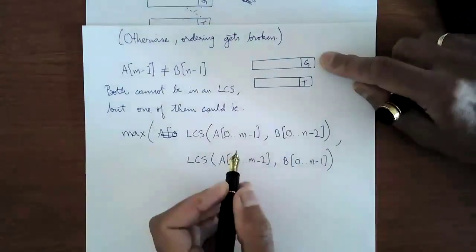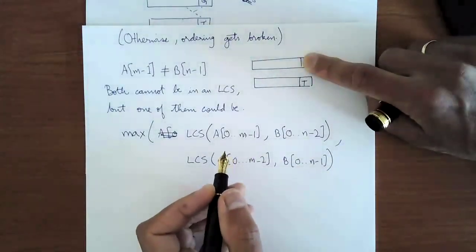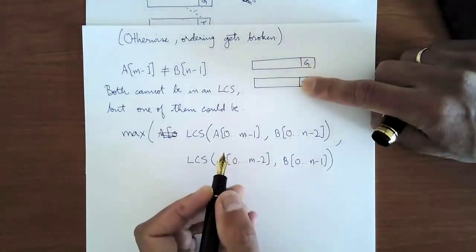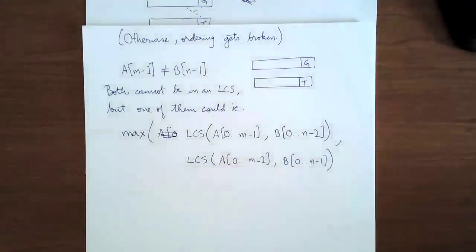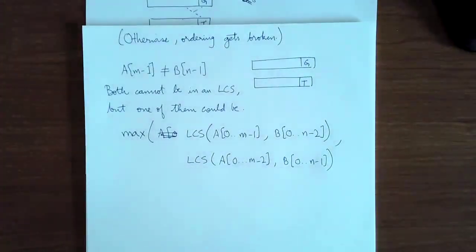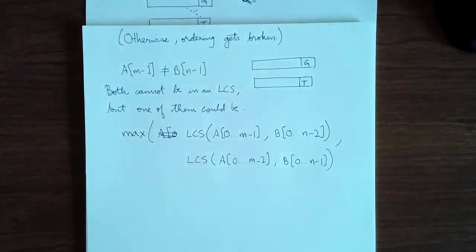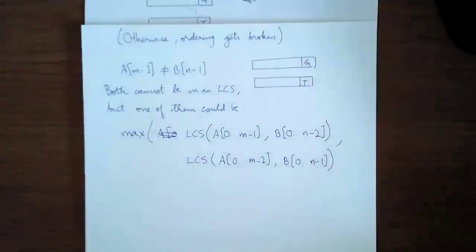So you can either drop this character or you can drop this character. And by that, you're getting a smaller recursive call in both cases. Right? And that's the argument.